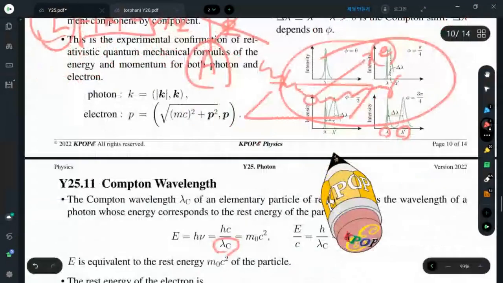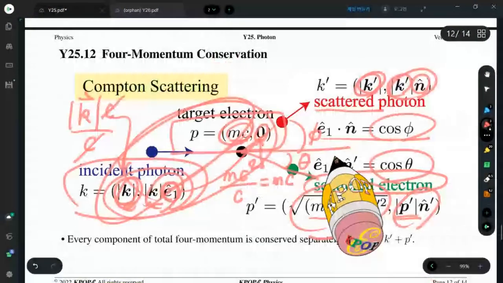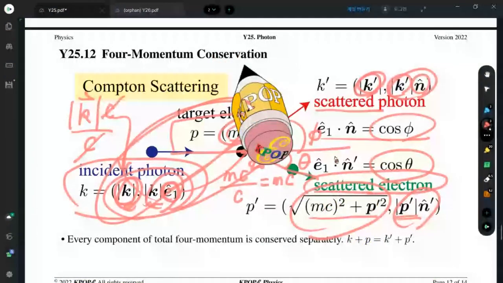The most important one is that the momentum expression developed by Einstein was completely confirmed in this experiment. So due to both the photoelectric effect and Compton scattering, Einstein's relativity was completely proved by experiment.